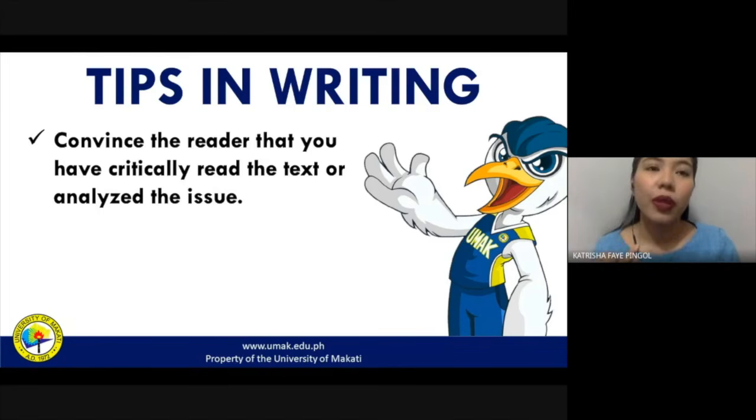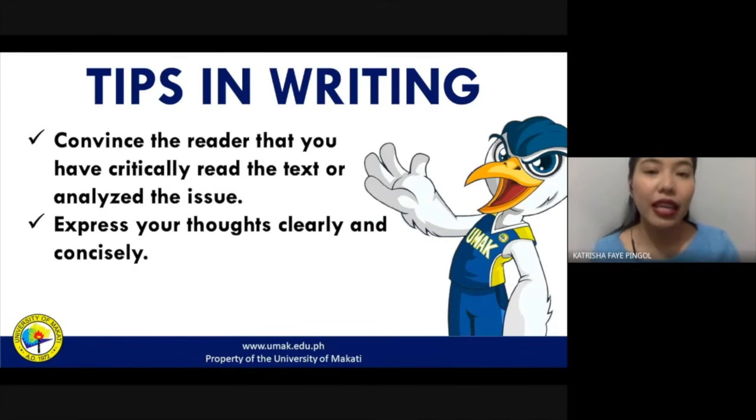You can get quotations or statements from professionals, from people who are relevant to the nature of the position paper or the topic that you are discussing. So there are many ways wherein you can do this. As long as your references are reliable and your sources of information are trustworthy, then it's gonna be okay.